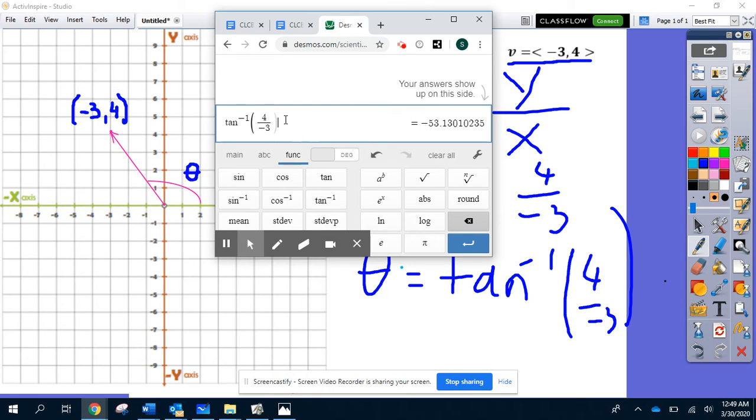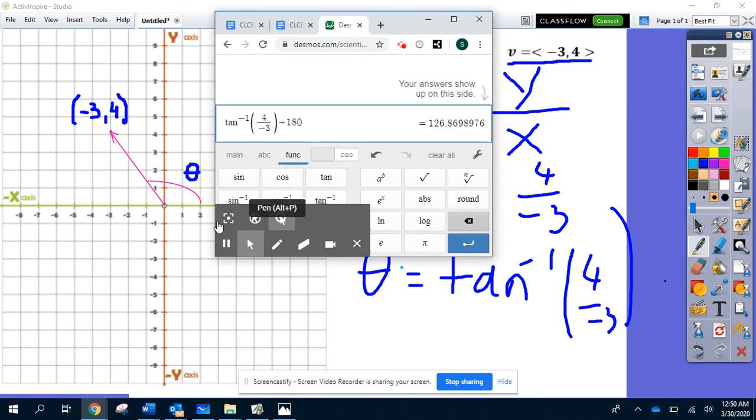So the rule is when you have the vector in quadrant 2 or 3, you add 180 degrees, and in this way I notice that my angle, if I round it to the integer, will be 127 degrees. So it makes sense because your counterclockwise angle should be in the second quadrant.